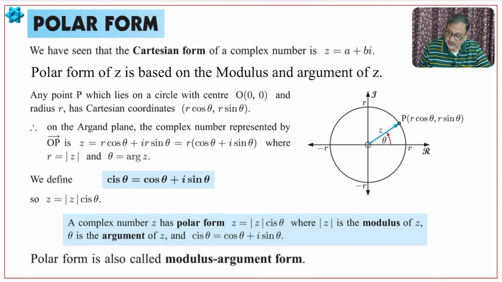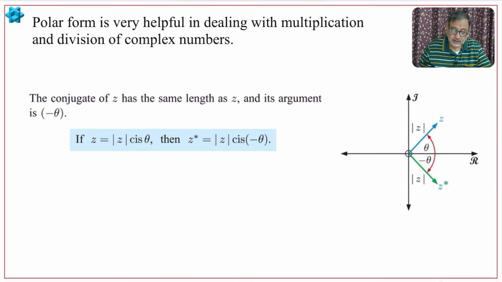That will be the polar form, right? This is called modulus argument form, because we are writing the modulus and the argument theta. Polar form is very helpful in dealing with multiplication and division of complex numbers, right?